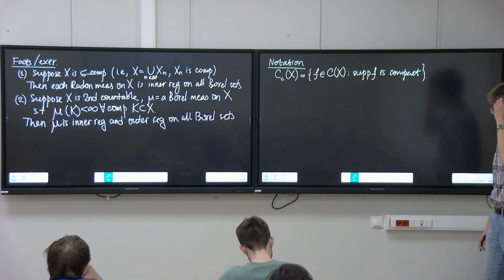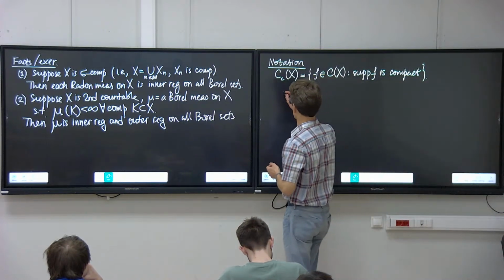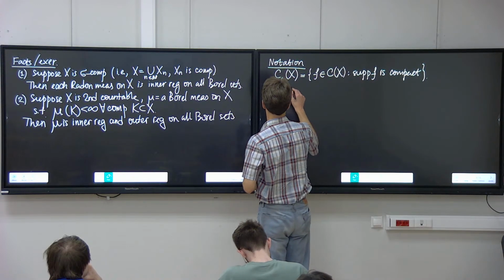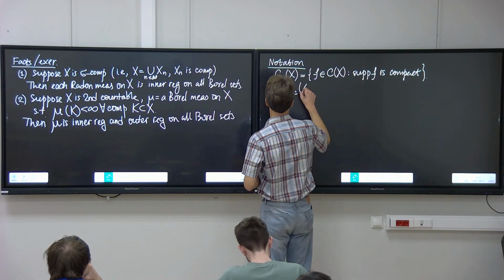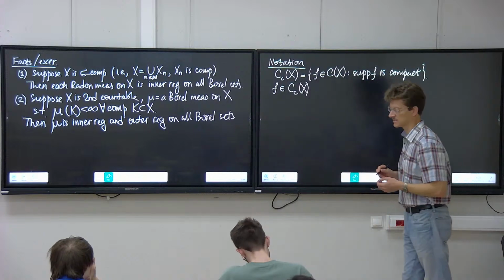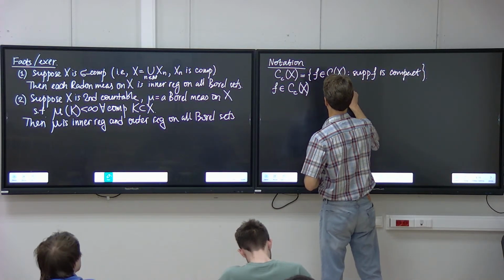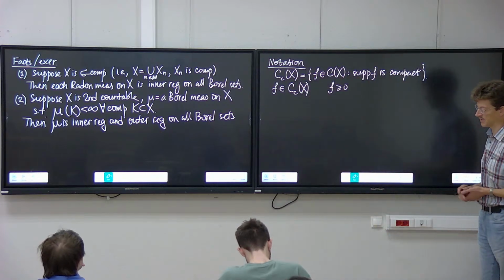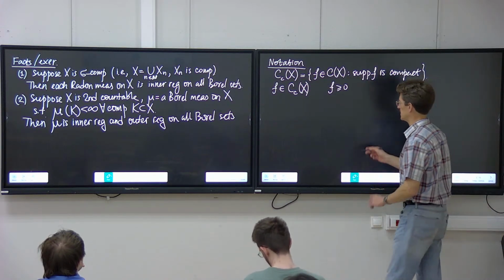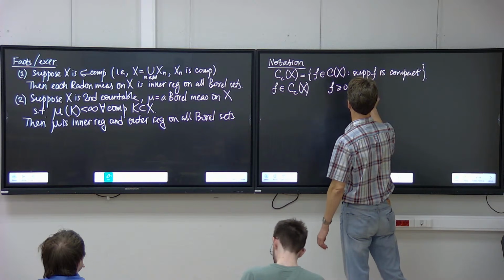There is a natural order relation on the space. If f is a continuous compactly supported function on X, we say that f is positive, or if you like, non-negative, but usually we say positive, if it is everywhere non-negative.